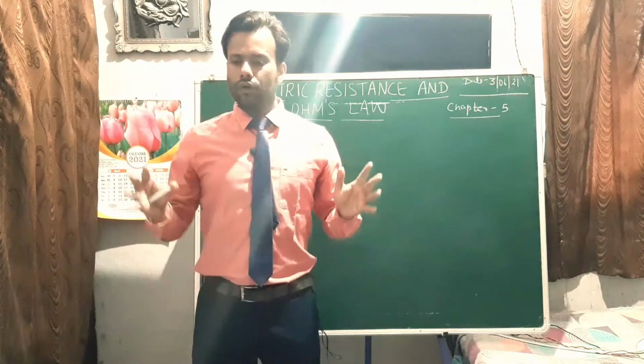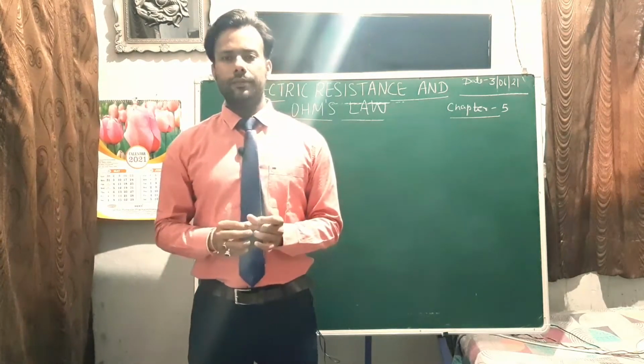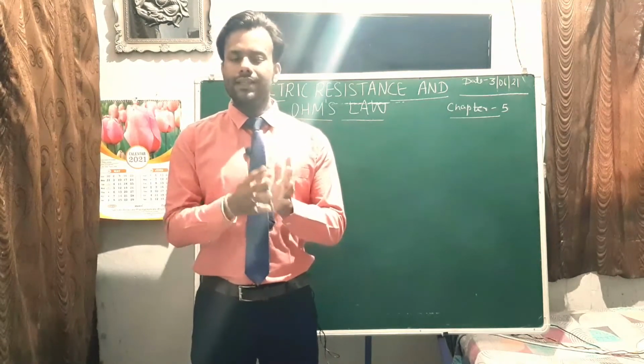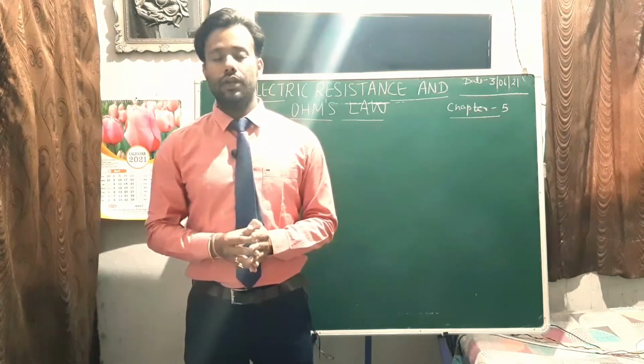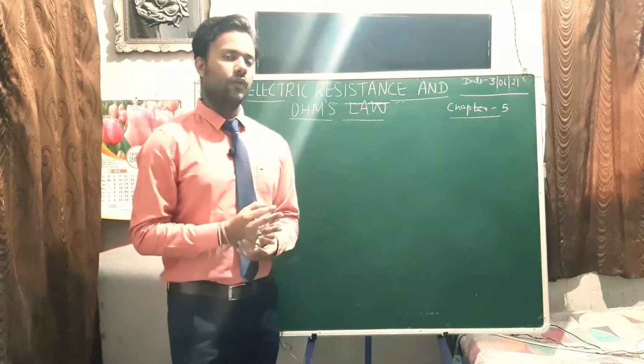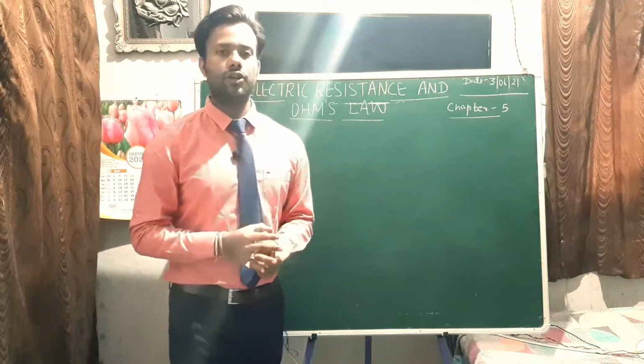So we'll study all of these quantities. We'll see a very, we can say, microscopic picture of what these factors depend on. So we will start with a very important and basic topic of this chapter, known as electric current.